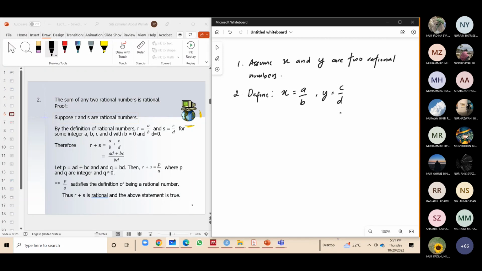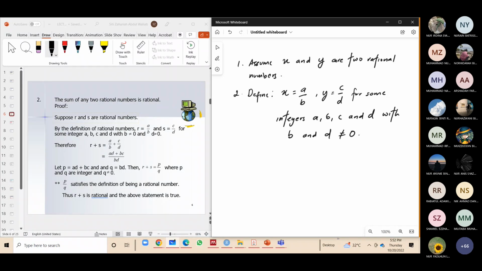A, B, C, D. So we have to say here for some integers A, B, C, and D with B and D not equal to 0. So B and D cannot be 0 because for a fraction the denominator cannot be 0.